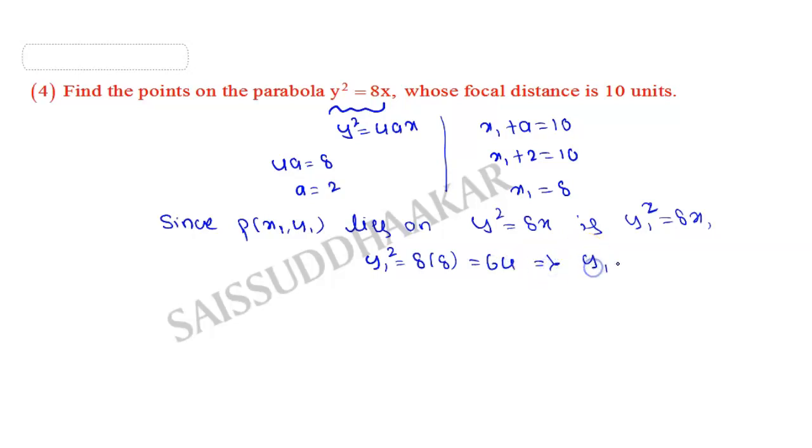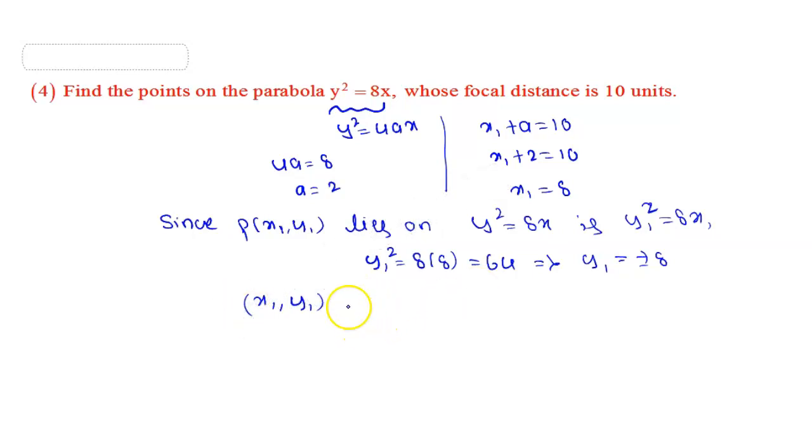This implies y1 is equal to plus or minus 8. So here the point is x1 comma y1, and y1 is plus or minus 8. I am writing that as 2 points: 8 comma 8 and one more point, 8 comma minus 8. This is the answer. Okay, right.